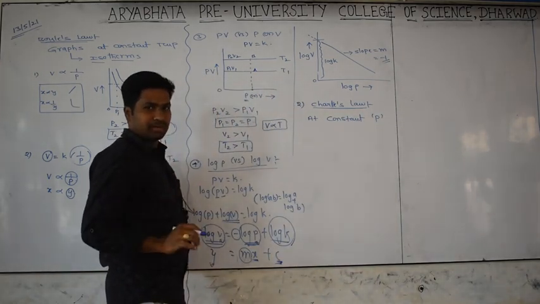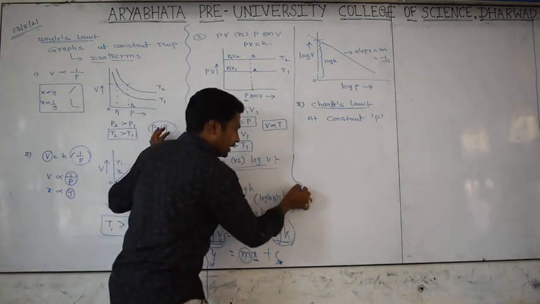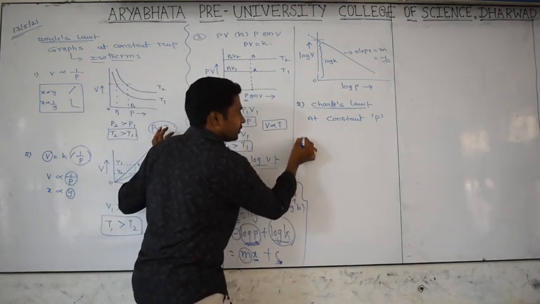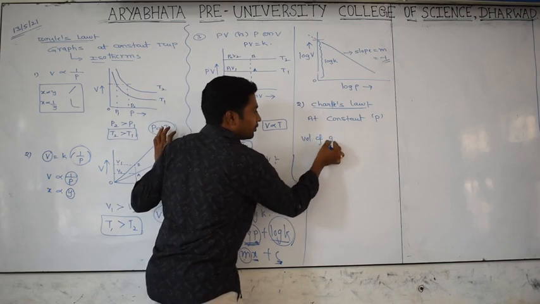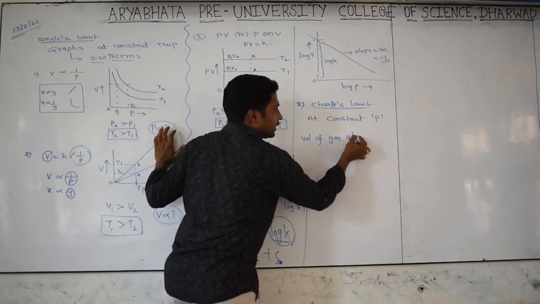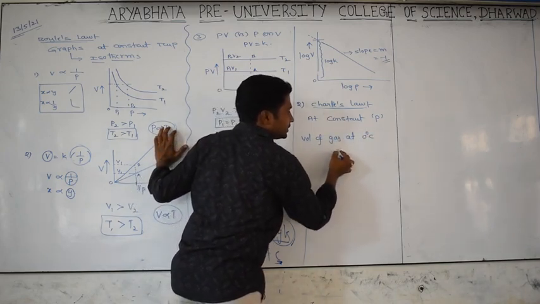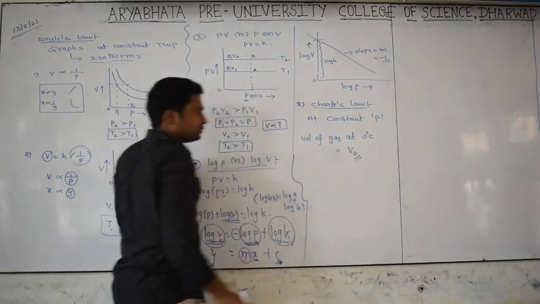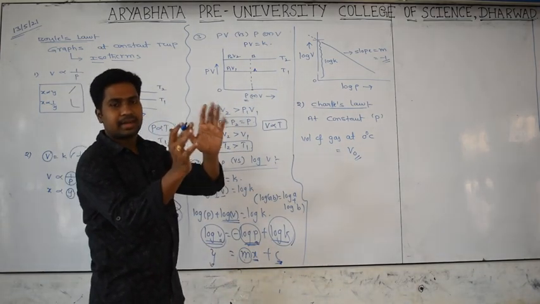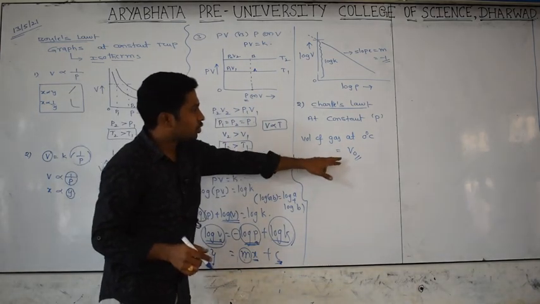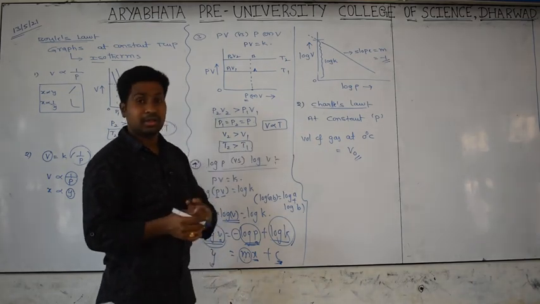What information will I explain to you? See carefully. At constant pressure, the volume of a gas at 0 degrees Celsius is equal to V0. You have some gas at 0 degrees Celsius, and its occupying volume is V0.